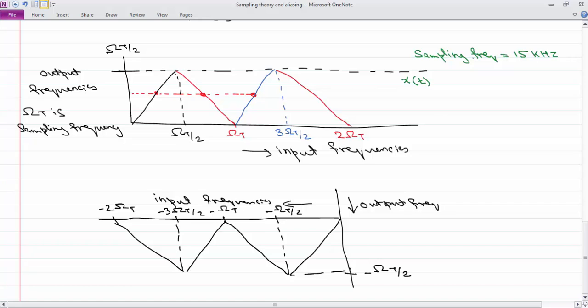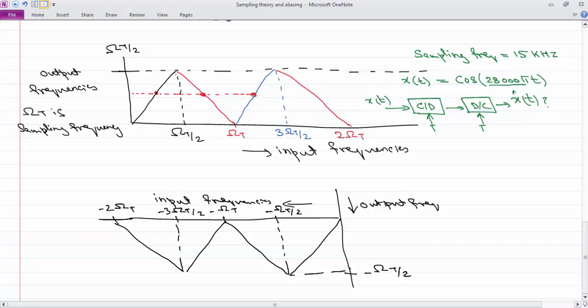So my input signal is, let's say, x of t equals cosine of 28,000 times pi of t. If I pass this input signal through an ideal continuous to discrete, and then immediately do a discrete to continuous with the same time period, the question is, what is the output, x hat of t?